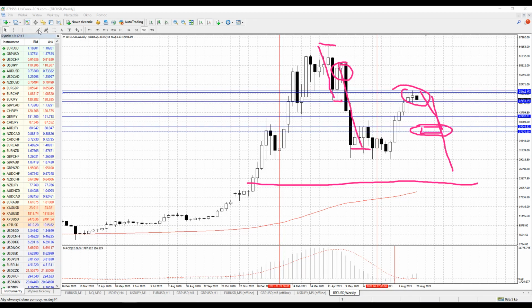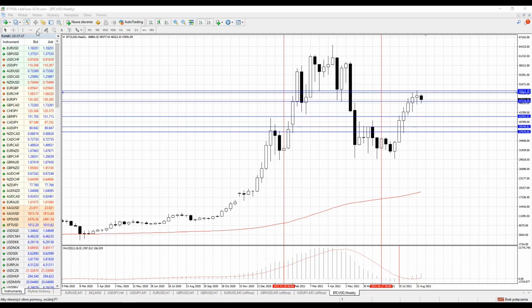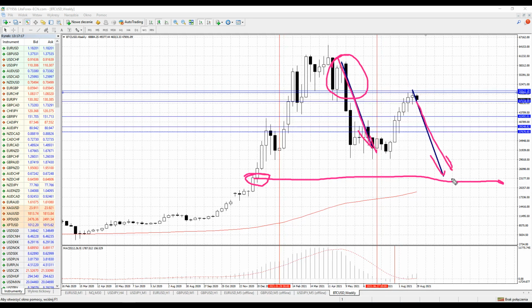So let's clean the chart and let's make this big 1-to-1. Voila, breakout level 23,000, right? That could be the case if you are going to take into the consideration 1-to-1 big move to the downside.